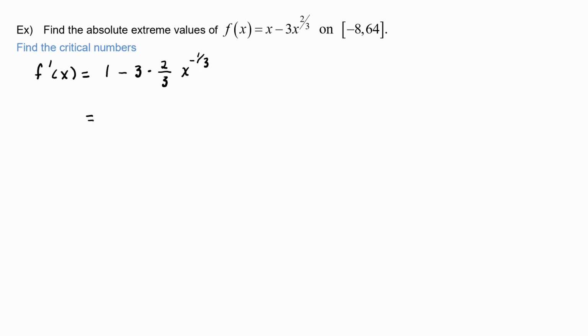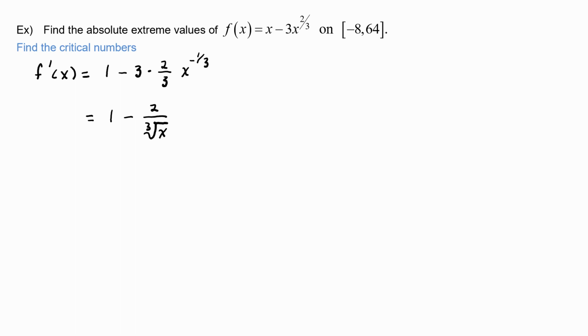So simplifying, we have 1 minus, these 3's will cancel, and we would have 2 times x to the -1/3, or we can write that as 2 over the cube root of x.